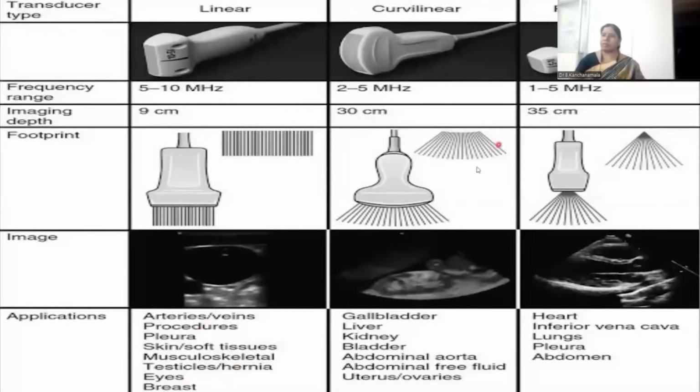It has a convex-shaped footprint, which can image deeper structures like the gallbladder, kidney, and liver, and so on. Next is the echo probe, which has a conical footprint, and it is used to scan the heart, lungs, pleura, and abdomen.